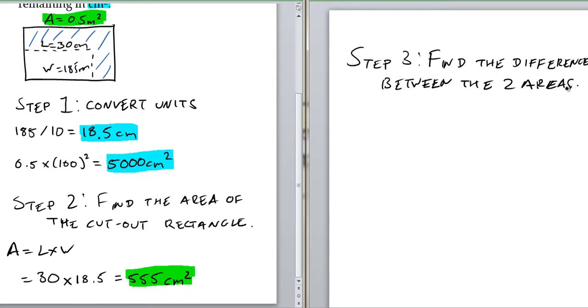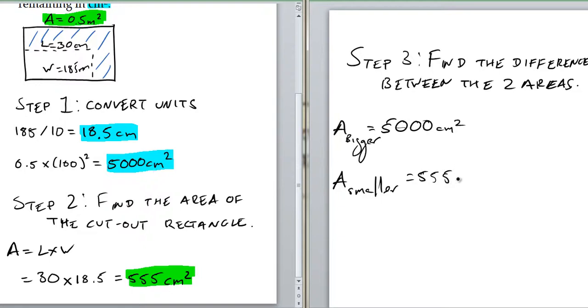Okay, so the bigger area was 5,000 centimeters squared. So this was our area bigger. And our smaller area was 555 centimeters squared. All right, so this was the paper that we started with, and this was the cutout.